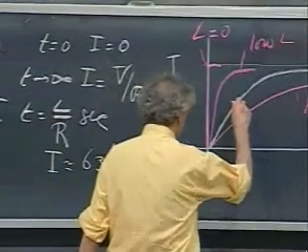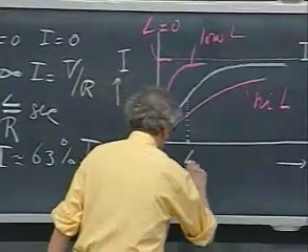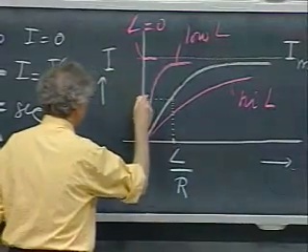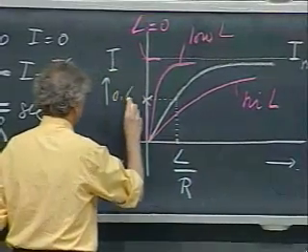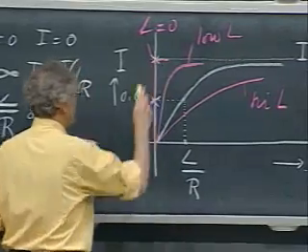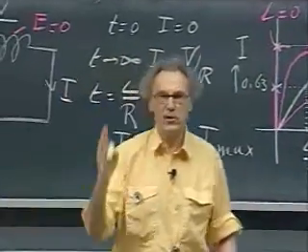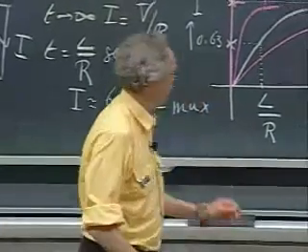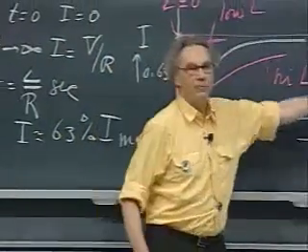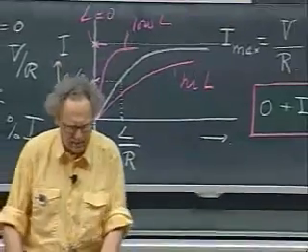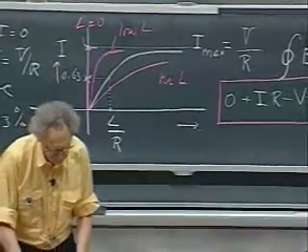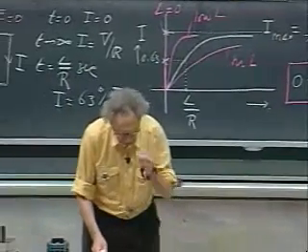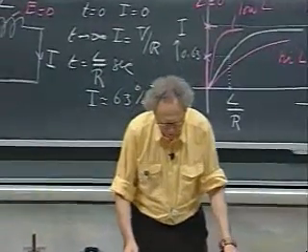In other words, right here, if I wait L over R seconds, this value here is about 0.63 times the maximum value possible. And it's climbing up and asymptotically approaches ultimately the maximum current, which is V divided by R. Make sure you download that lecture supplement that you'll find on the web.